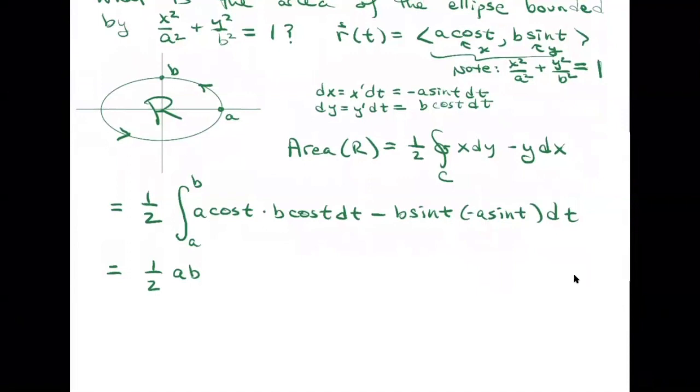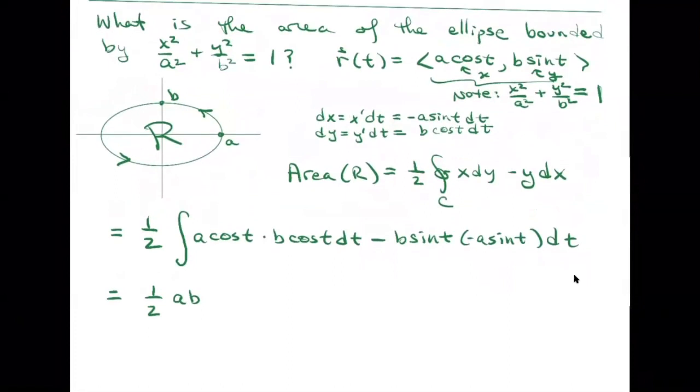Did I have the integral go from a to b? That's just hilarious. What are the limits on t? This is like a circle, right? So t goes from 0 to 2 pi.